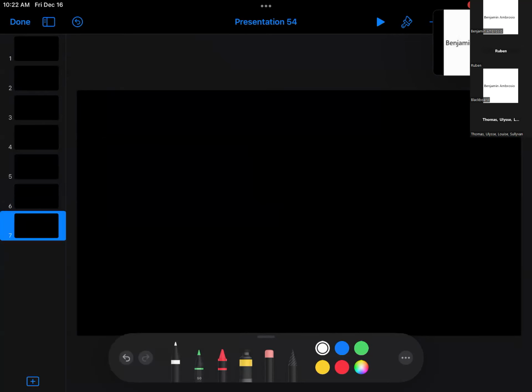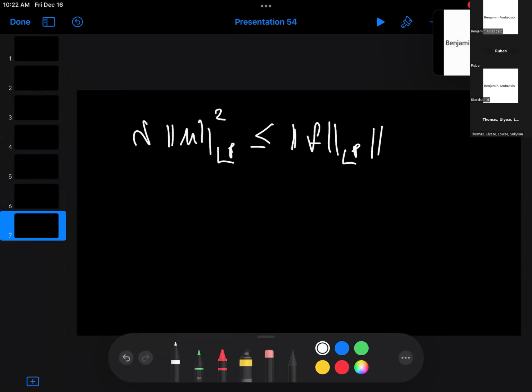I get exactly that lambda times the norm of U in LP squared is less than the norm of F in LP times the norm of U in LP.